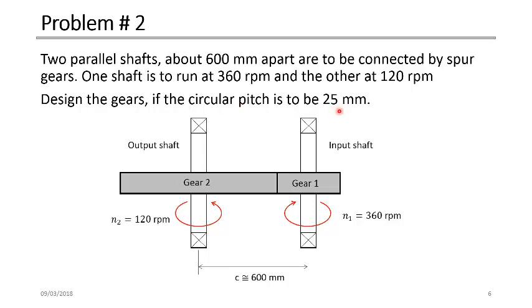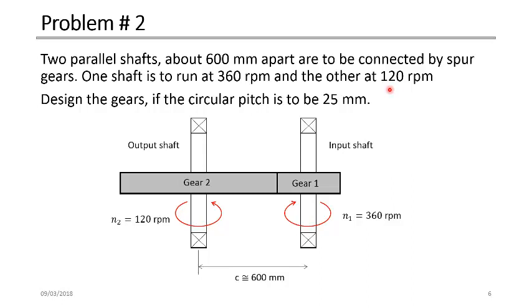So the facts that are given here are the RPM of the first shaft. This has to be exact. The RPM of the second shaft, which is 120 RPM, this has to be exact as well. And the ratio between them, because if you get the gear ratio, the N input or N1 divided by the N output or N2, you will get here the gear ratio as 3.